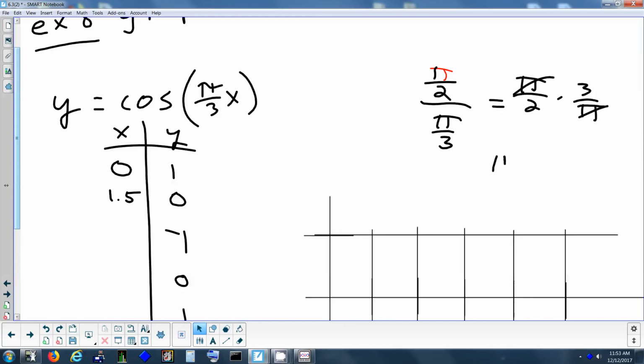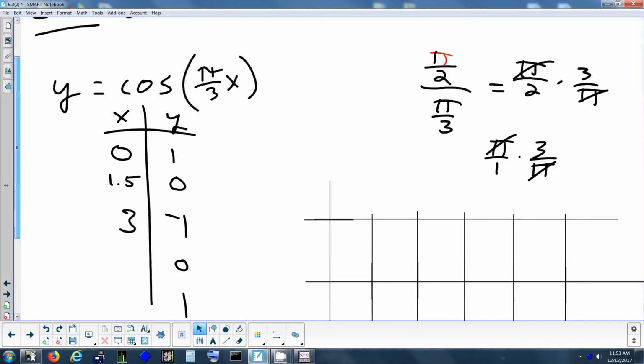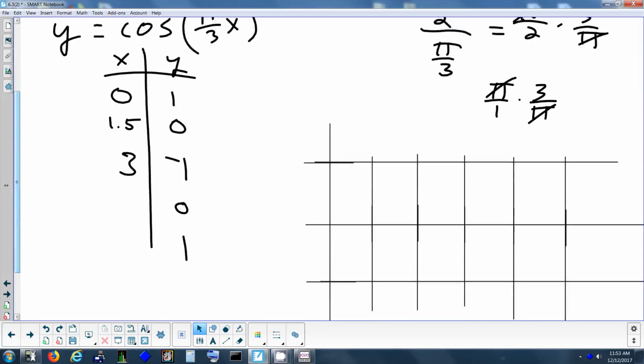Pi. And you're dividing it by pi over 3. So let's multiply by 3 over pi. What cancels out? The pi's. And you're left with 3. So now I think we can go by the pattern. Next x value. And the last one. 6.